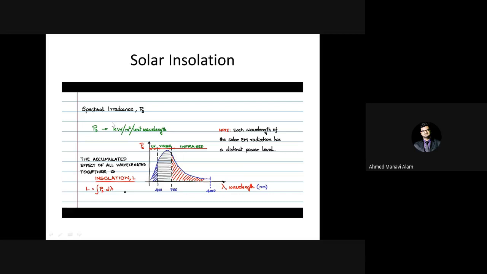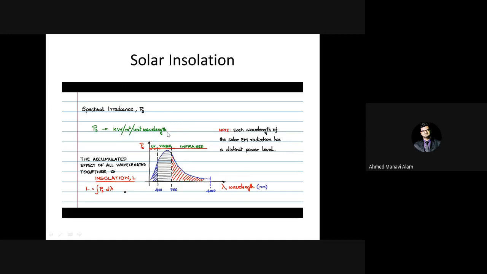Spectral irradiance means the amount of power you are getting per unit wavelength. That is called spectral irradiance. Sometimes it is called solar insolation. Now, for spectral irradiance, it is how much power you will get per unit wavelength.